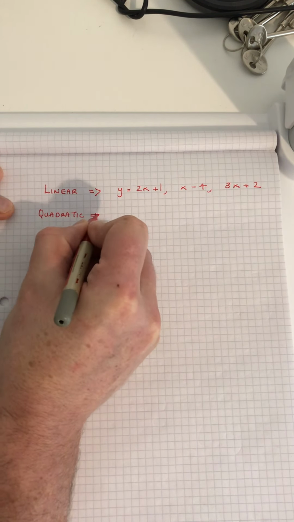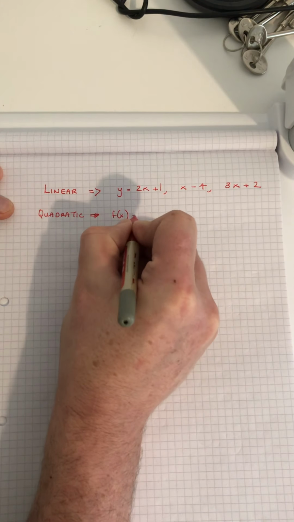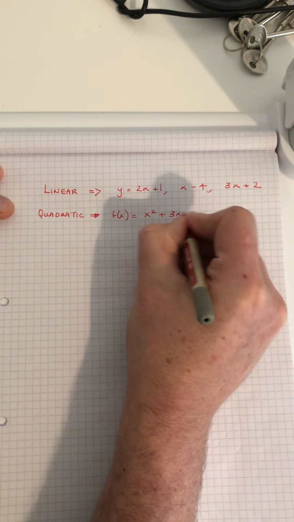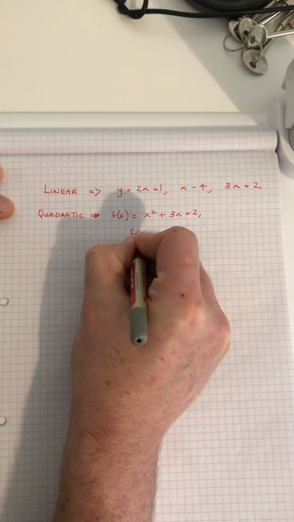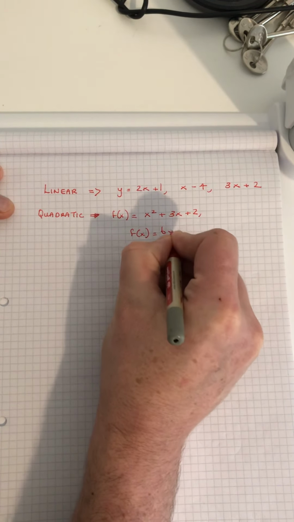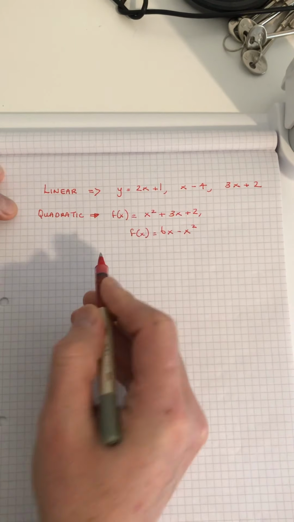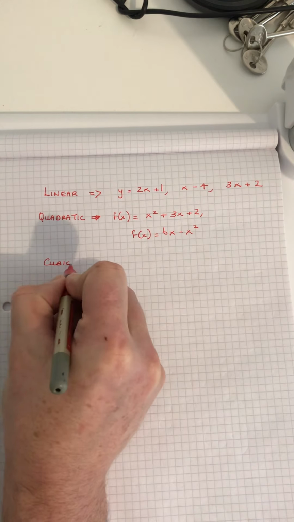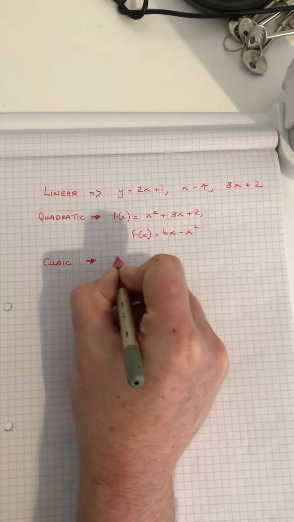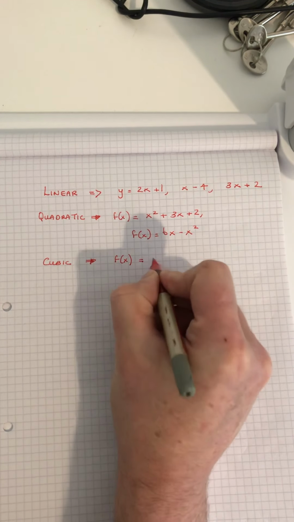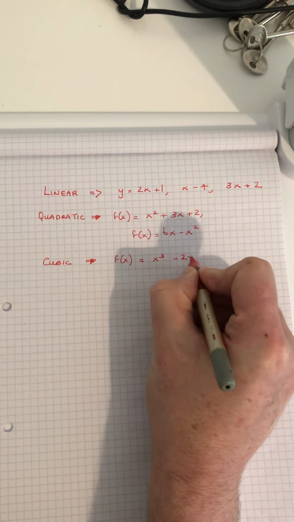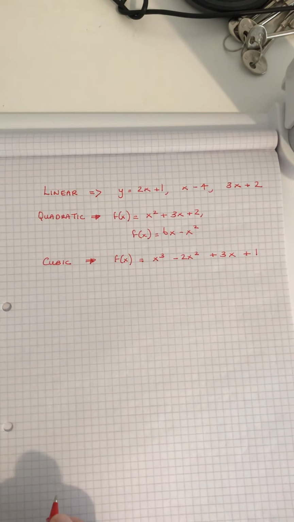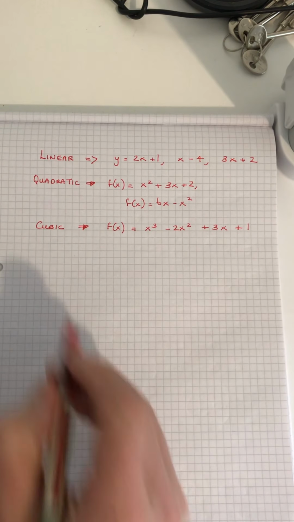So you had something like f of x equals x squared plus 3x plus 2, or f of x is equal to 6x minus x squared. They're quadratic functions. Then we had cubic, and a cubic had f of x equal to something like x cubed minus 2x squared plus 3x plus 1. So that's a cubic.